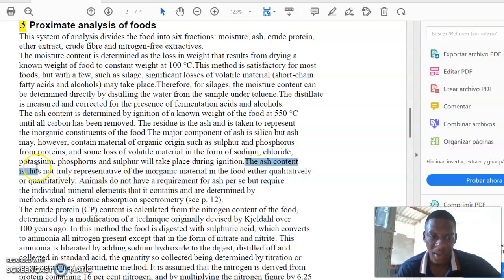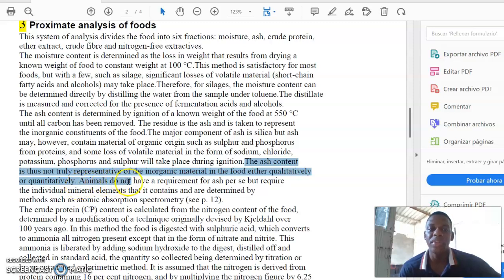The ash content is thus not truly representative of the inorganic material in the food, either qualitatively or quantitatively.